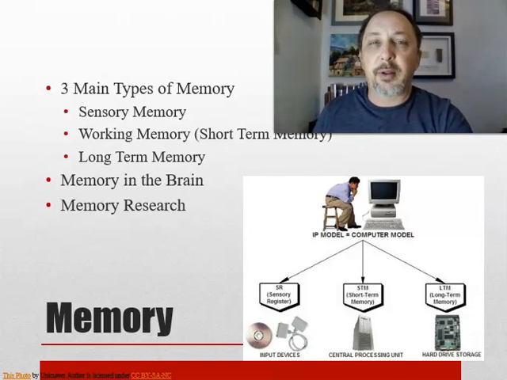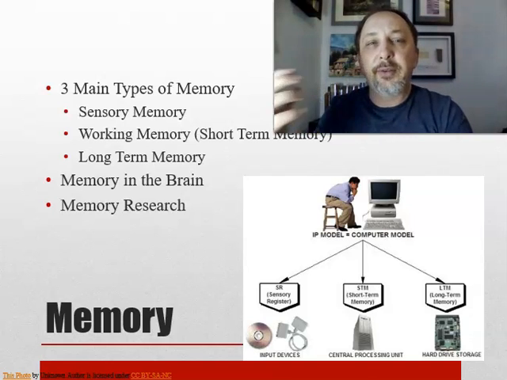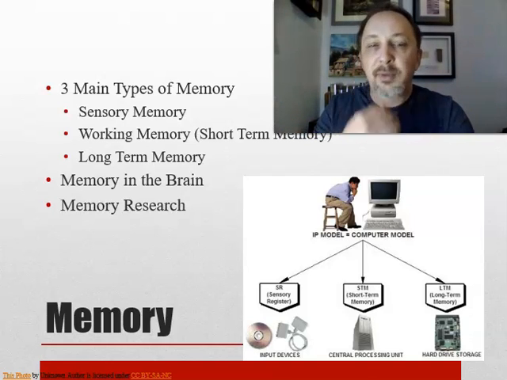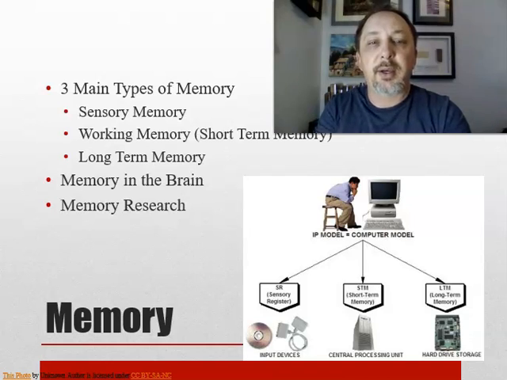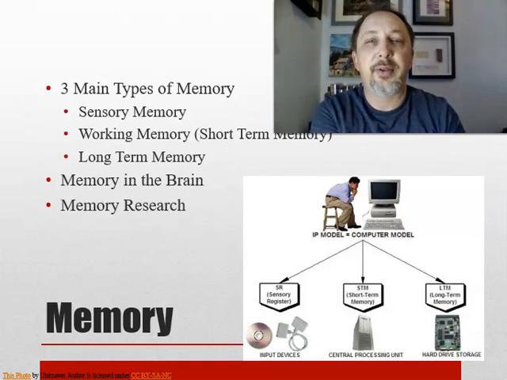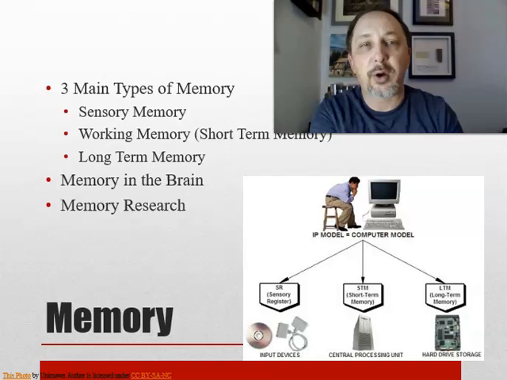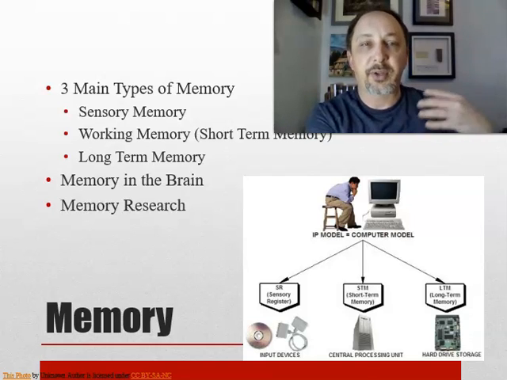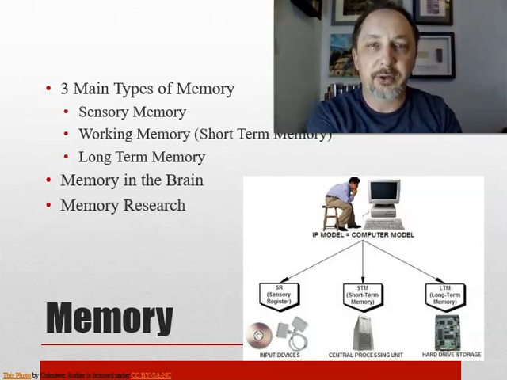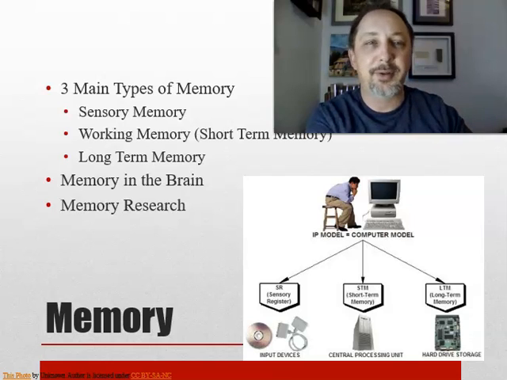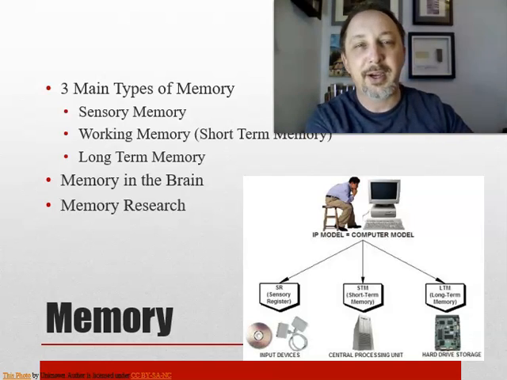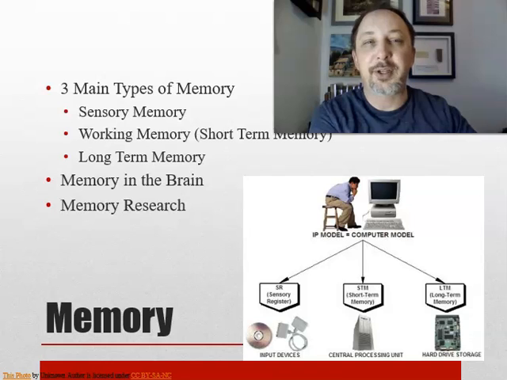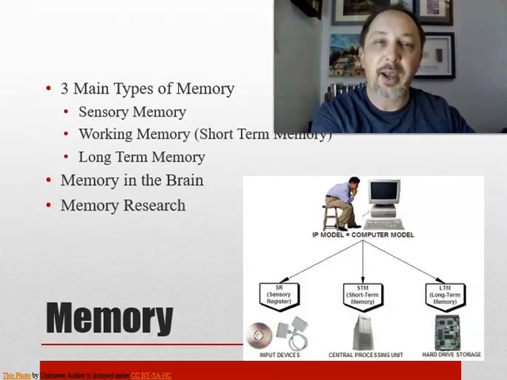And the computer model of memory is basically storing things, putting things in the inputs, then the active memory, like the RAM, and then putting it into the long-term memory, which is like the hard drive storage. And I know that the technology is changing over time and things function differently, but it still gives a decent idea.